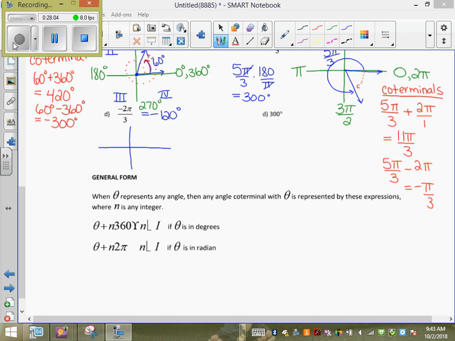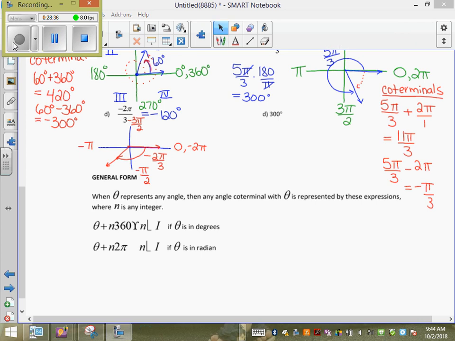So we have 0, negative pi over 2, negative pi, negative 3 pi over 2, negative 2 pi. If it's in radians, you need to write radians. You can't write the degrees that you found. You can find the degrees to draw it, sure. If it's in radians, you need to write it in radians.